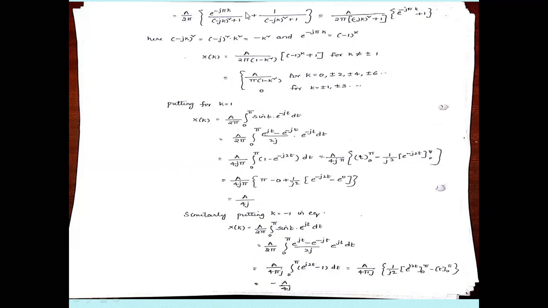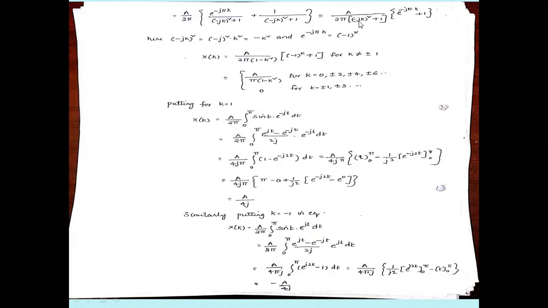The first term we get as, because cos pi is minus 1, and next the second term, the fourth term is 0, and 1 by minus jk whole square plus 1. Simplify this, A by 2 pi, and take the common of minus jk whole square plus 1, and here the numerator is e power minus j pi k plus 1.